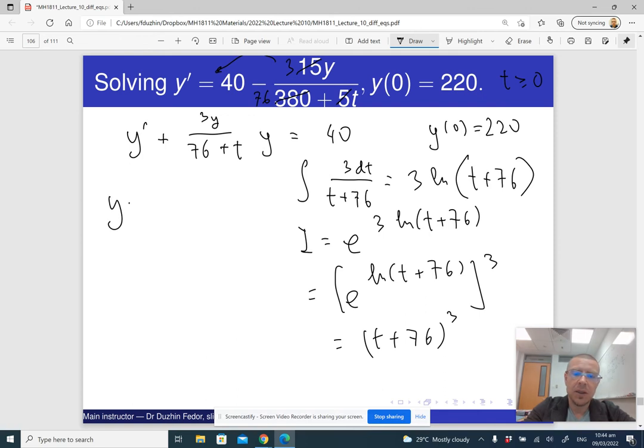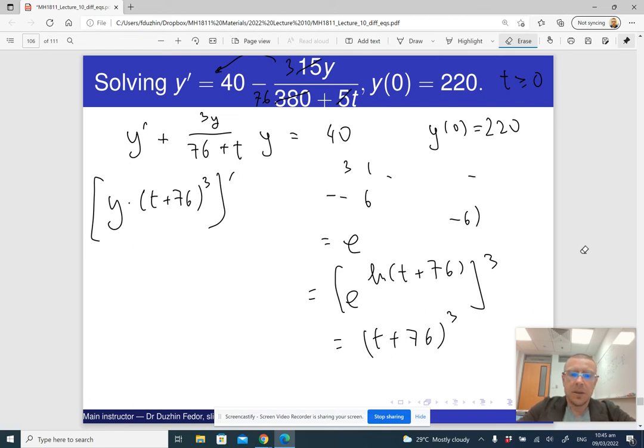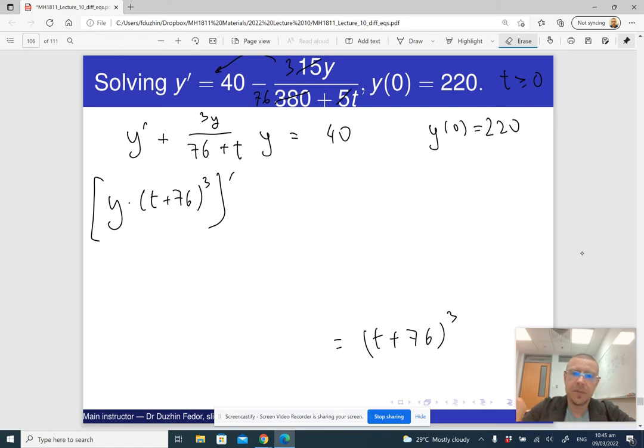So y times t plus 76 cubed, prime. And the right-hand side is just 40 times the integrating factor, times t plus 76 cubed.